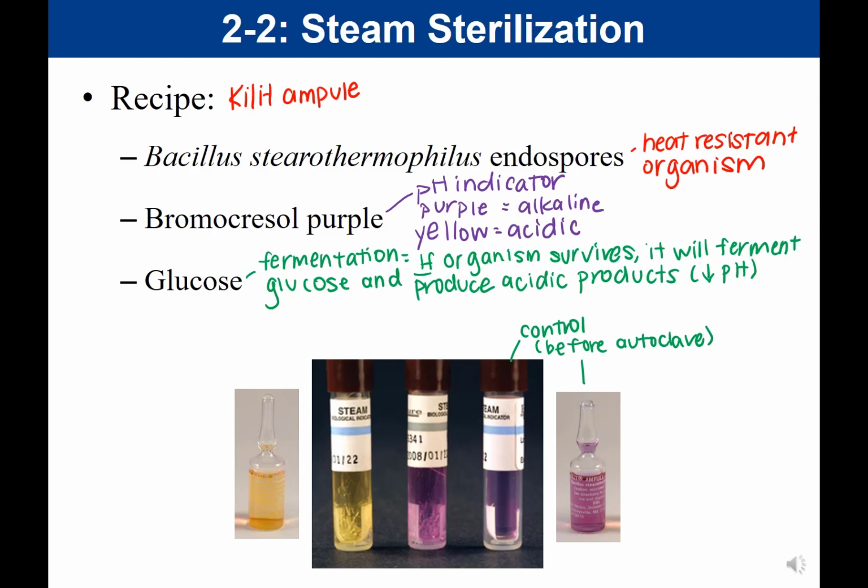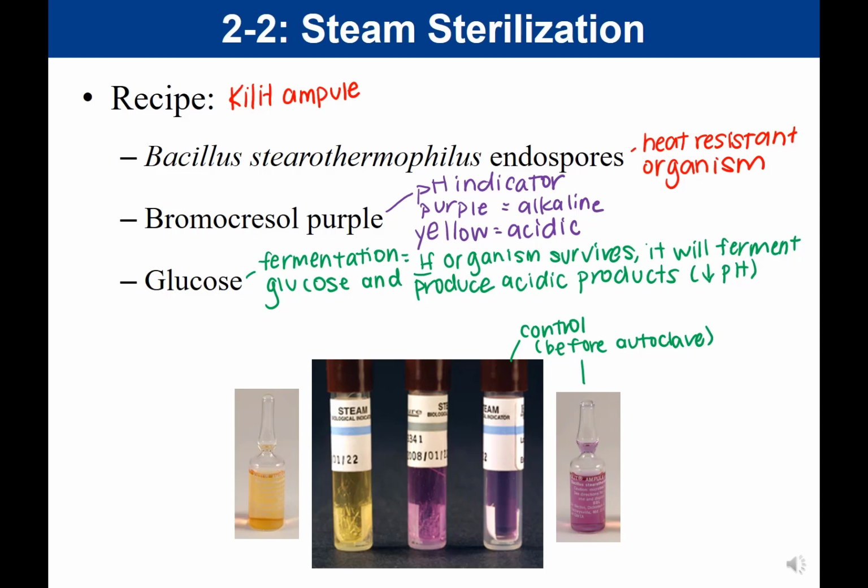Okay, so this is what it would look like before the autoclave, right? So we take our ampule, we run it through a cycle in the autoclave, and if the bacteria survives, if the endospores survive, we now take that ampule and we incubate it at 55. Remember that 55 is the optimal temperature for Bacillus stearothermophilus.